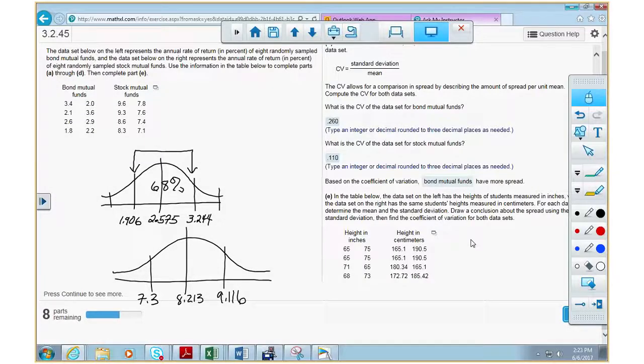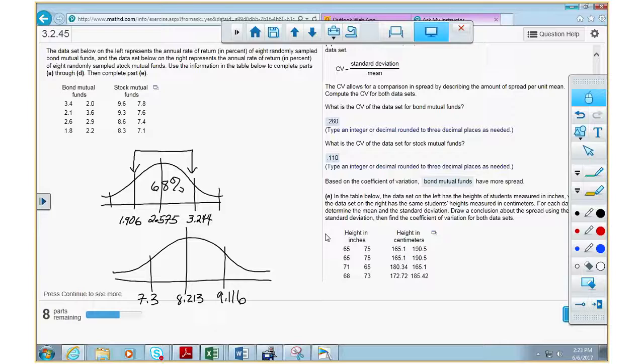In the table below, data set has the heights, blah, blah, blah. Okay, that's the same type question. That has nothing to do with this problem. They just randomly give you another set of numbers. Students' heights, while we're on mutual funds.